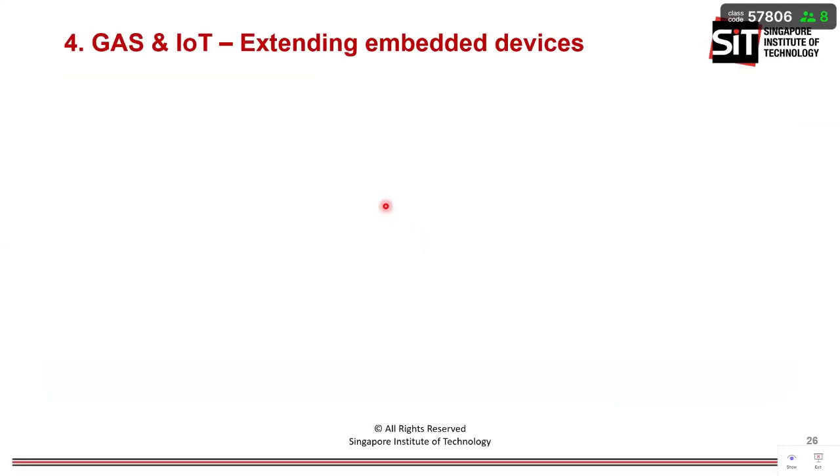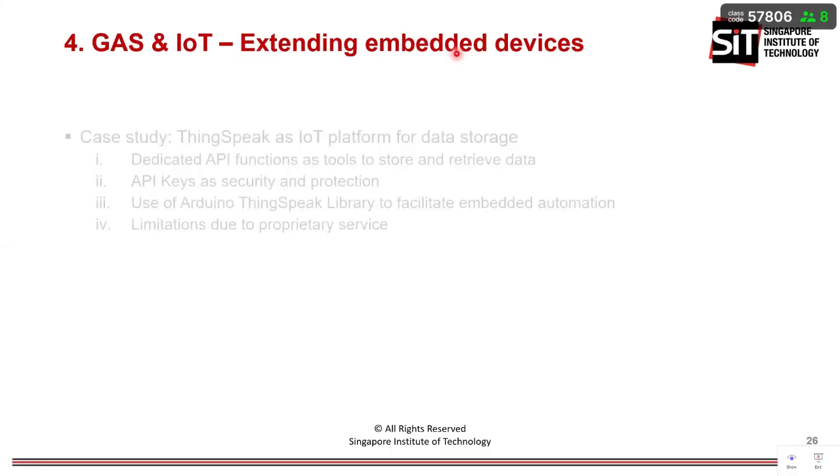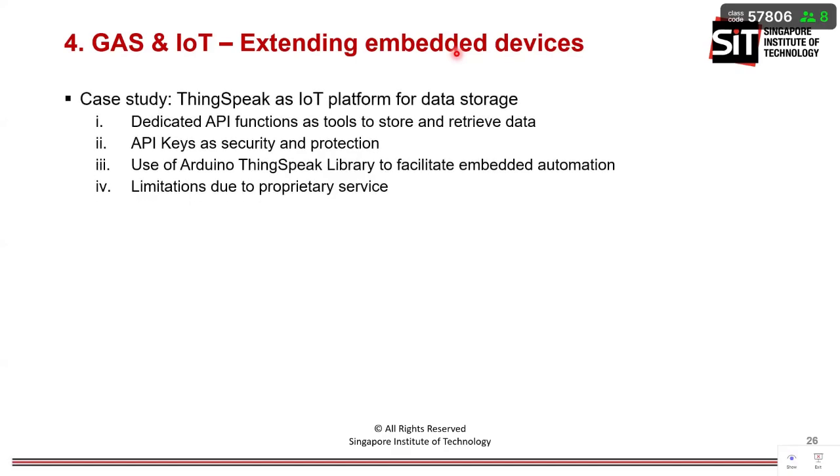Okay, let's move on. In terms of GAS and IoT, how can we extend to embedded systems? This is the part that I would like to highlight to draw similarities. Let us look back at ThingSpeak, which you have done. If I recall correctly, in week 6, before the recess week, you set up a ThingSpeak account, you learned about the API functions, you copied the URL.